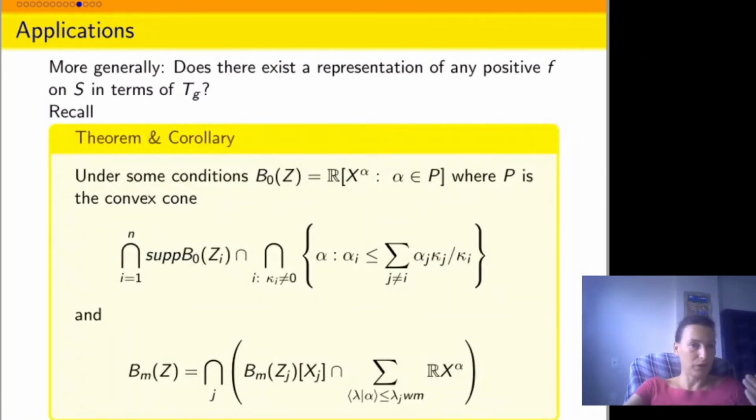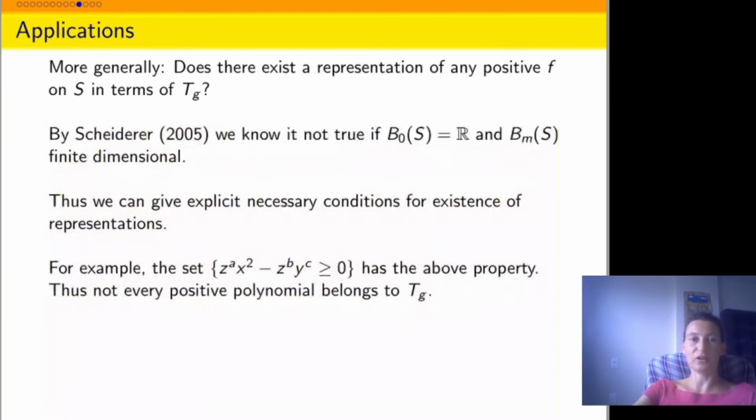So recall from the theorem and corollary, we indeed had that the algebra of bounded polynomials is spanned by this cone, and we already had the BMs being spanned by such polynomials with such monomials as are described in the second part here. So we already know how to find the necessary conditions.